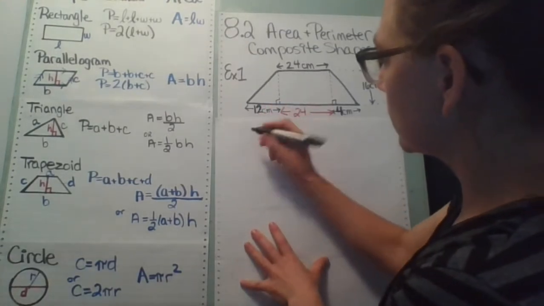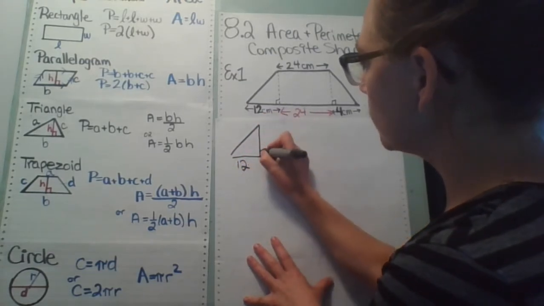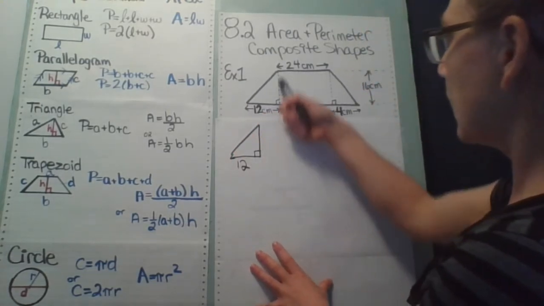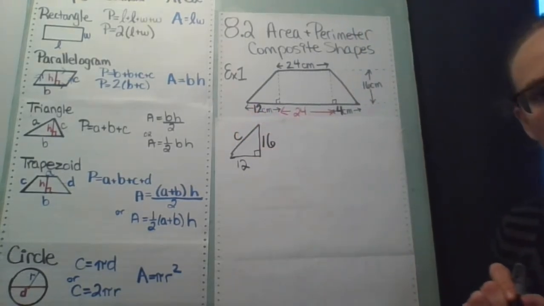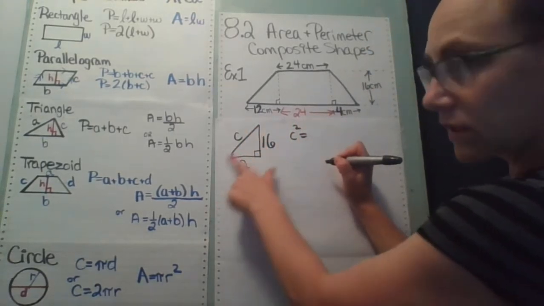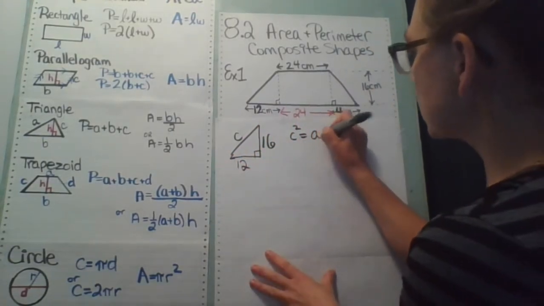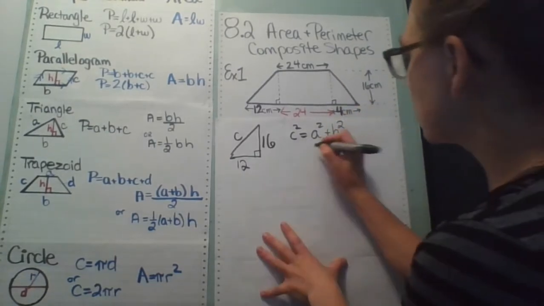So this triangle here has a base of 12, and this side is 16, and we need to solve for that side. So Pythagorean theorem, right? C squared, which is my longest side, my hypotenuse, equals a squared plus b squared. Yes, you have to write your formulas.